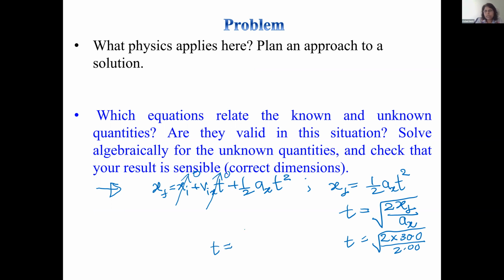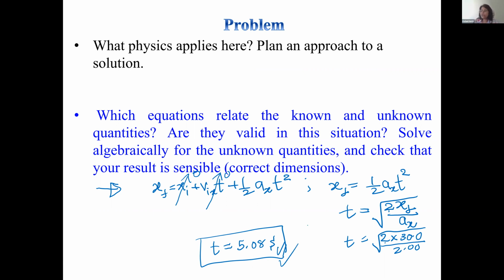Time in seconds, 5.08 is the number that I get. Okay, so now the unit, seconds, is correct. And for significant figures, your 30 has 3 sig figs, and 2 has 3 sig figs. This 2 is a constant, so we do not count its significance. Now I should have 3 sig figs. That will be my correct answer.